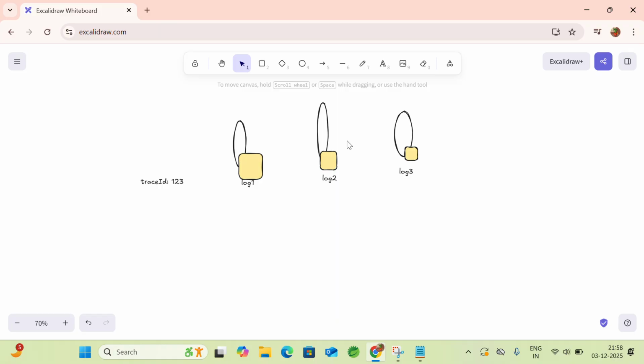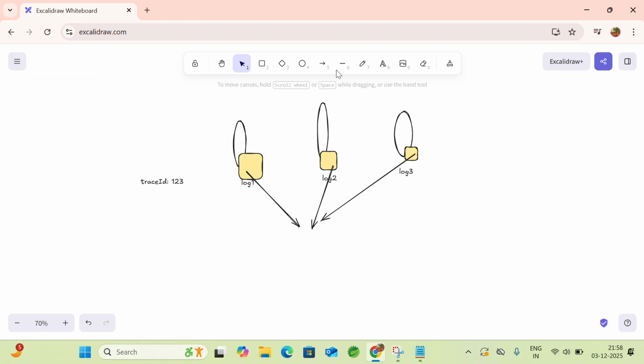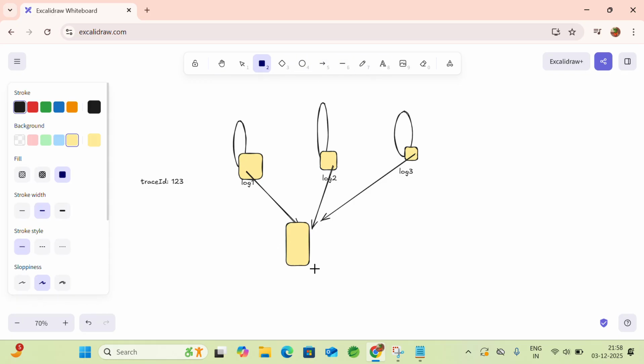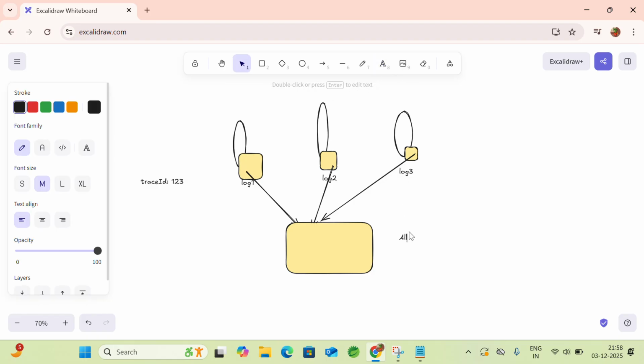And if we combine all these logs here and here, we will get all logs in one, and we can term it as Kibana. Basically, let me tell you what it is. This is where all logs are being placed.